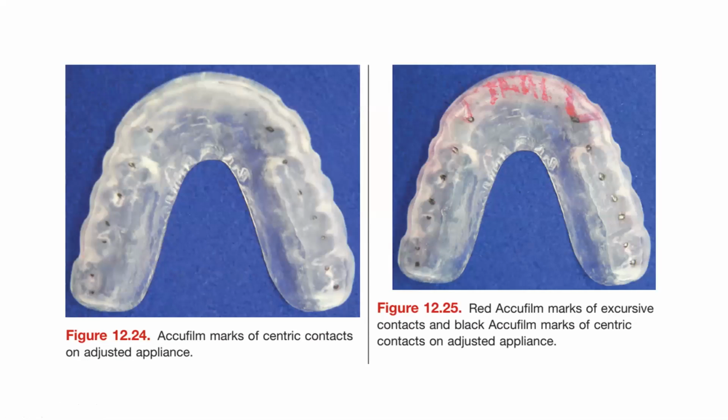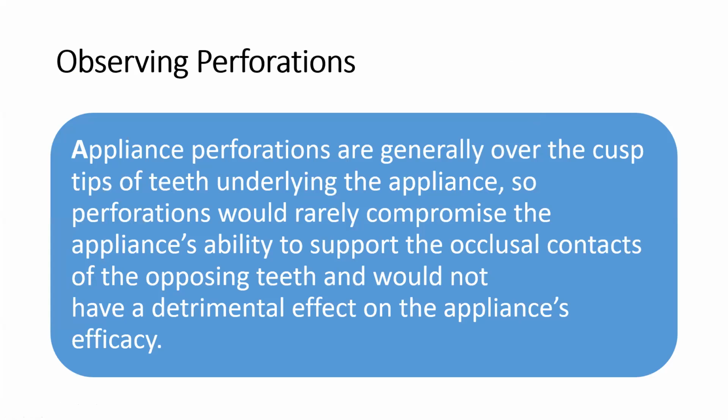The marking can be done with black articulating film for the centric contacts, and for the excursive movements we can use red articulating paper. Perforations generally occur in the cuspal region of the opposing tooth, and since these perforations occur in the cuspal region, this does not have any detrimental effect on the appliance efficiency.